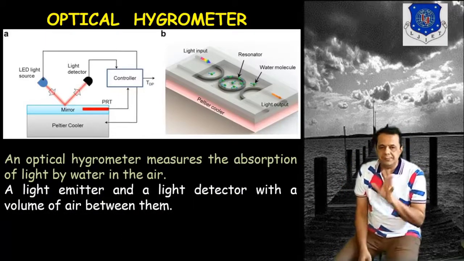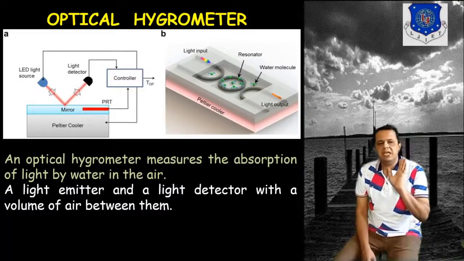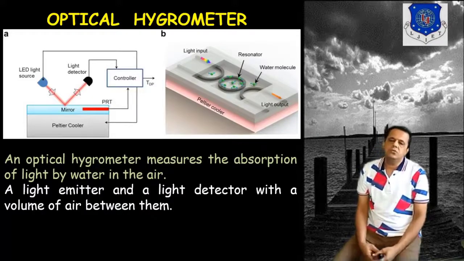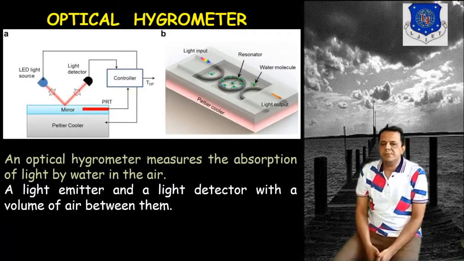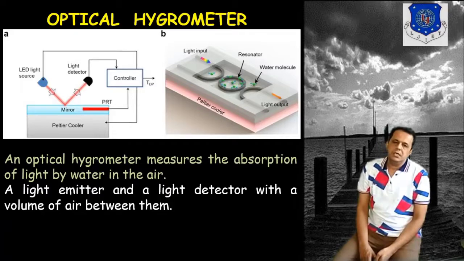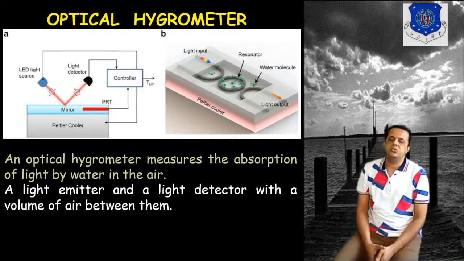Here one light emitting diode or LED source is given, and a light detector obviously, and there is a volume of air between them. You can see here a mirror. That mirror is maintained at a certain temperature. TRD is a temperature measuring device, and that Peltier coil is kept here.